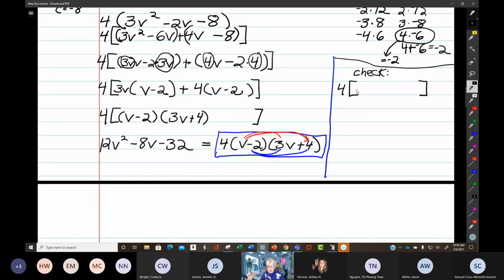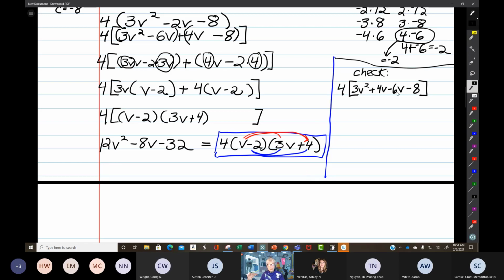V times 3V is 3V squared. V times plus 4 is plus 4V. Negative 2 times 3V is minus 6V. And negative 2 times positive 4 is negative or minus 8.